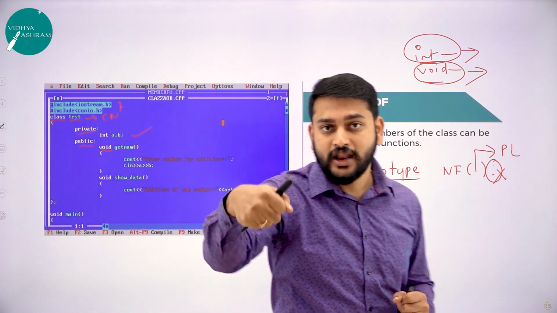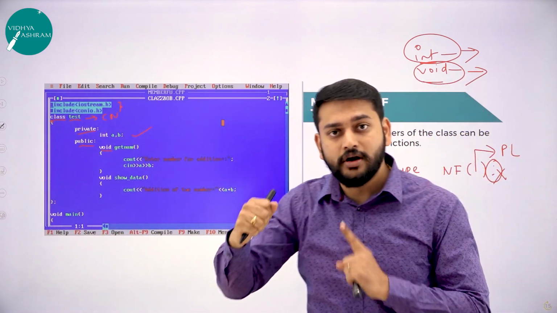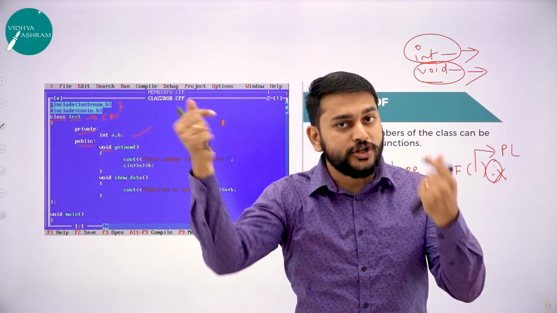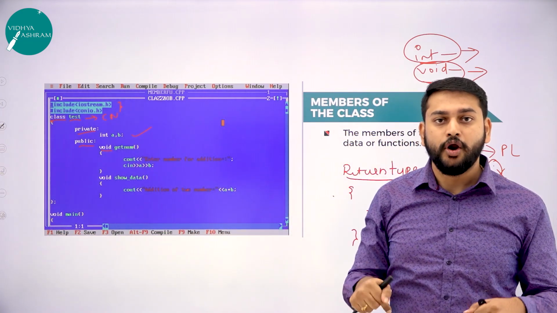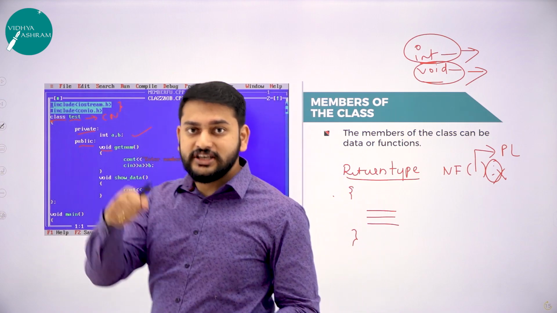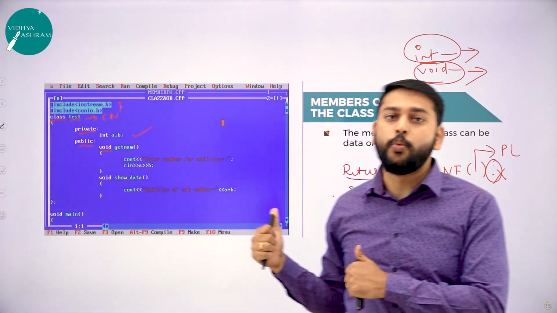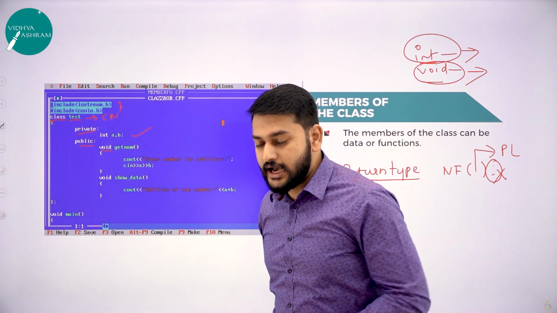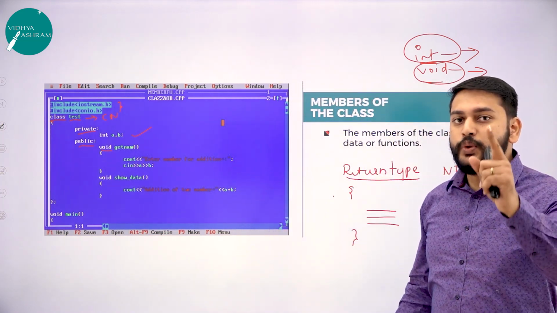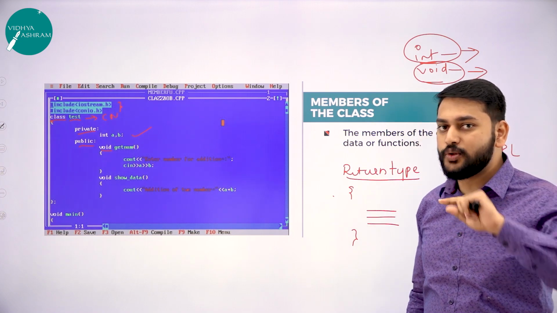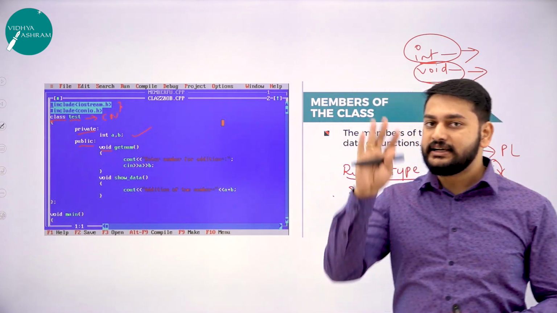I have some food in my hand. That is what I will call int. I am taking some value out of the function. What is the function here? The hotel is the function here. What is the hotel giving? The hotel is giving you the food. What is the food here in my program? That food is a value. That is what you need to understand. So coming back to the concept, we have two types of return type. One is void, another one is int. Int in the sense it returns the value.